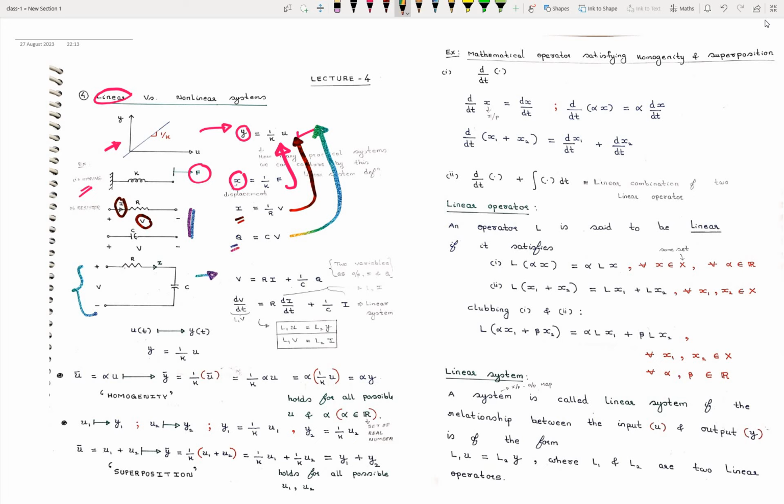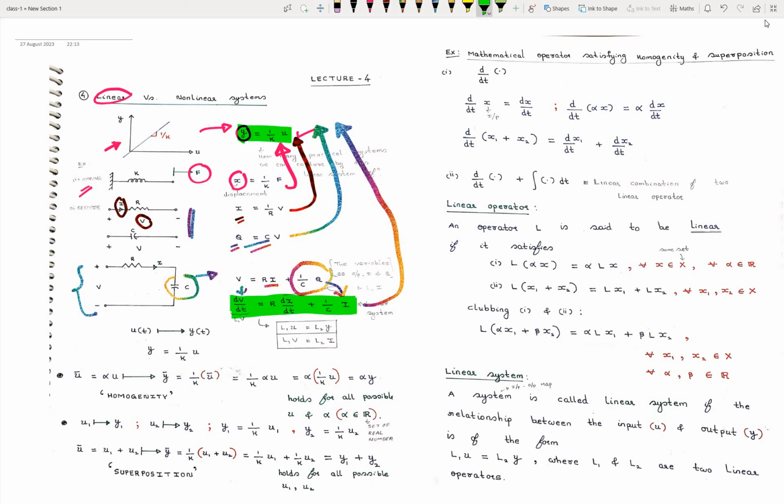Supply voltage V equals I times R, plus the voltage drop across the capacitor, which is Q by C. To express everything in one variable, I have differentiated here. So dV by dt equals R di by dt plus 1 by C times dq by dt, which is written as I. See this relation, this expression is not in this form now. Let me use the marker here. So finally, this expression is not in this form.